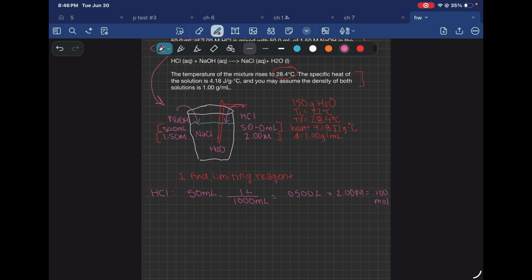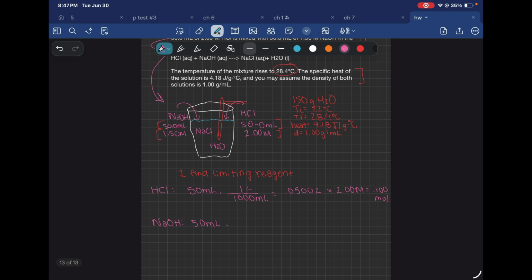So now that we have the moles of HCl, let's get our moles of NaOH. So the same thing. NaOH. We have 50 milliliters as well of NaOH times 1 liter for every 1,000 milliliters.